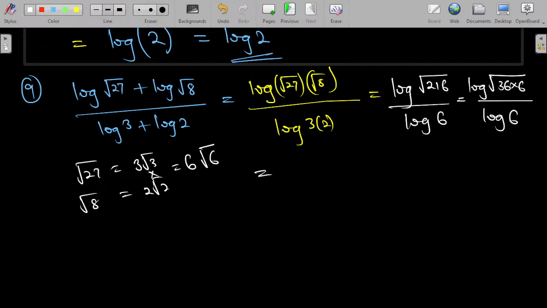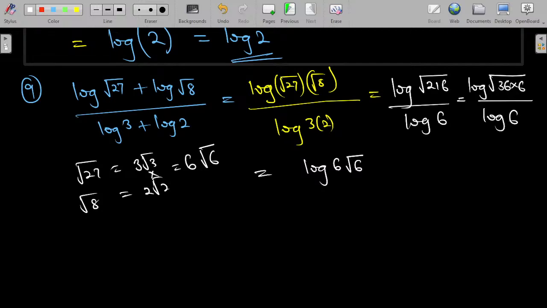I'm looking for a way to get maybe 6 somewhere, so that it will help me, log 6 somewhere up, so that it can allow me do some cancellations. So let's try that. So this is now going to become the log of the root of 36, which is 6. So we have 6 root 6 here. Okay, is this going to help us achieve what we want?